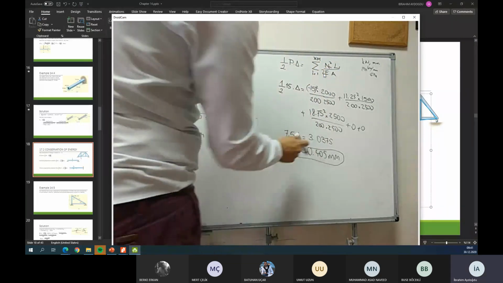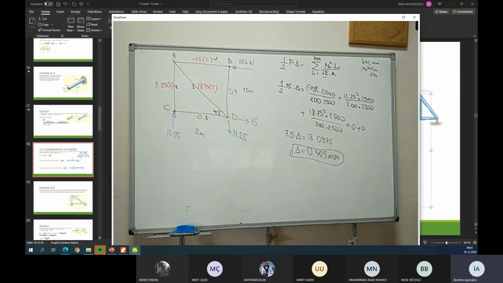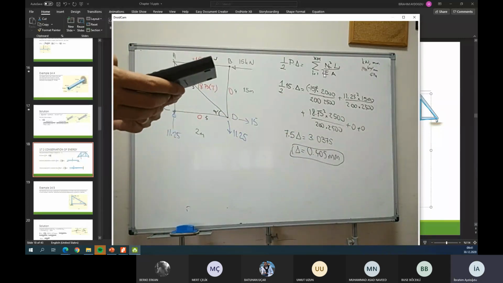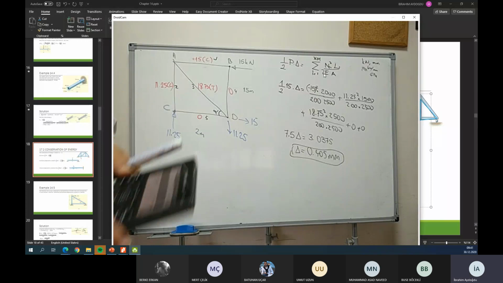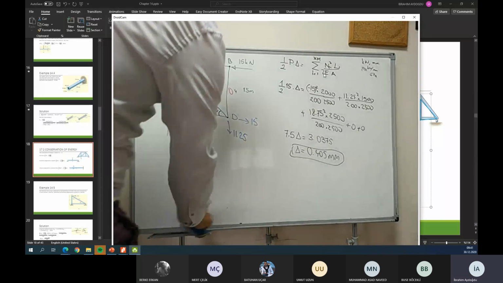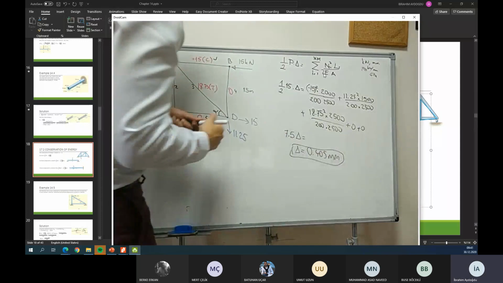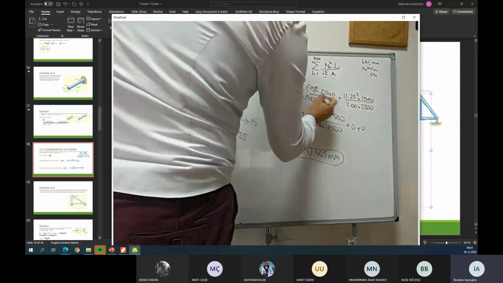So this is the half of this one, not this one. Sorry about that. I forgot the multiplication by 2 in here.